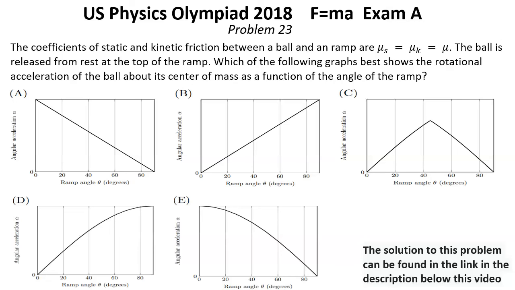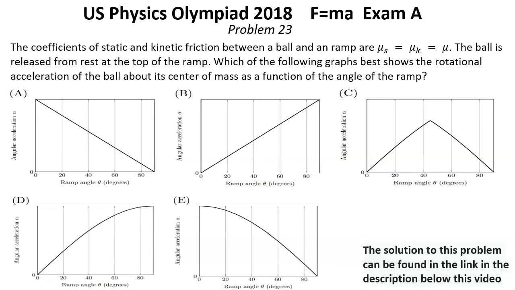This problem could be solved using the method of exclusion. We can check that for zero angle, acceleration must be 0 because the ball is stationary. It means that choice A is impossible and choice E is impossible. Also for 90 degrees, it must be 0 because there is no friction.